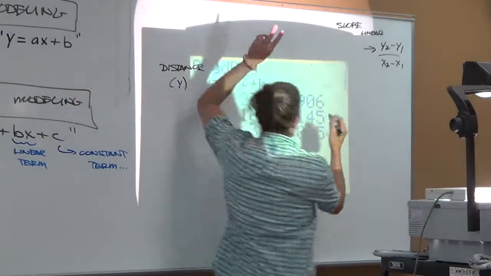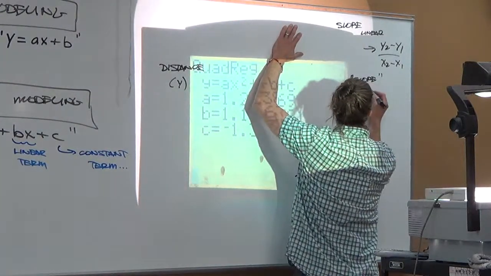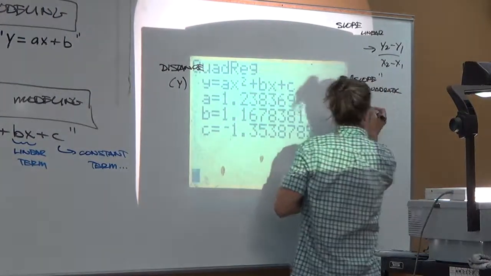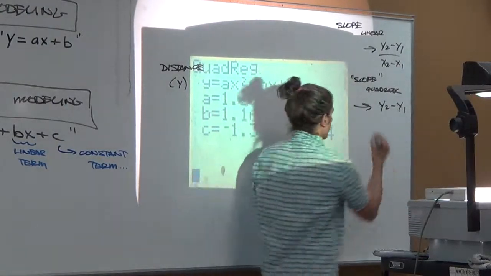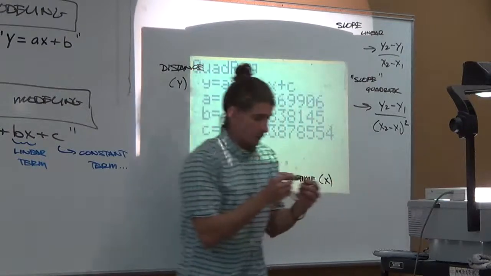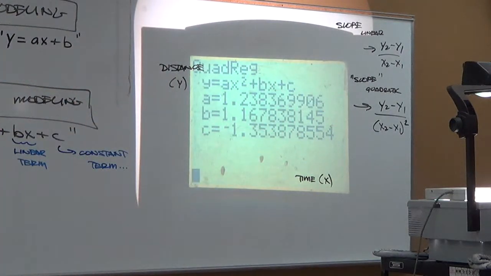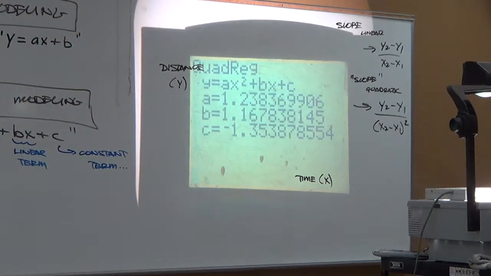Here's quote-unquote slope for a quadratic model. It's y2 minus y1, still, over x2 minus x1, the whole thing squared. That's what the slope of a quadratic model actually ends up being. You could do a rate of change in a quadratic model, but it's constantly changing itself.